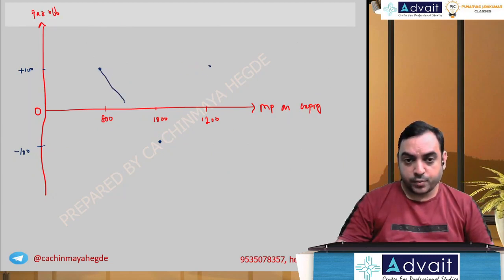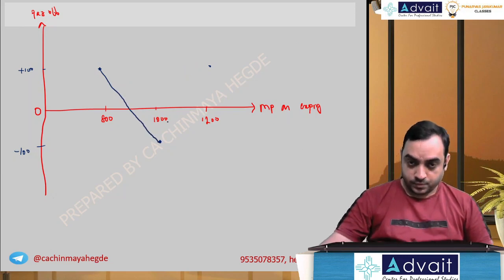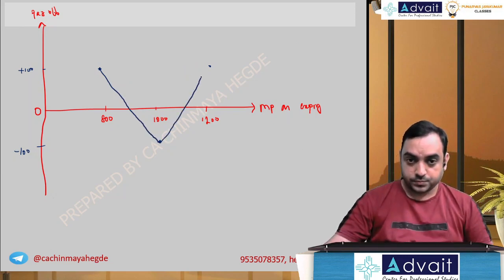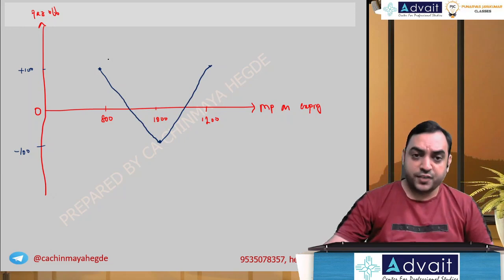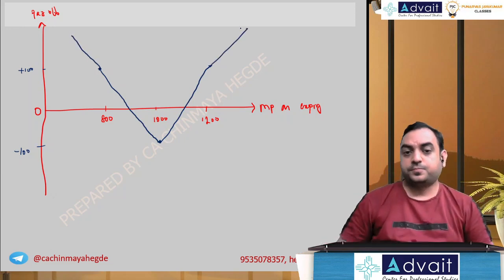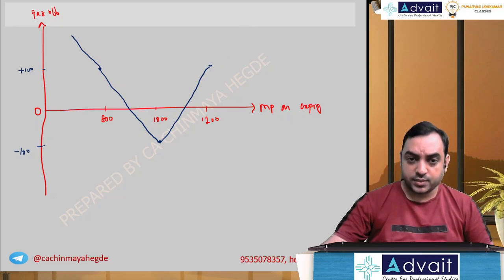If you join the points, it will happen like this. You can extend further. Draw a straight line as far as possible. Okay, it's kind of a V shape.